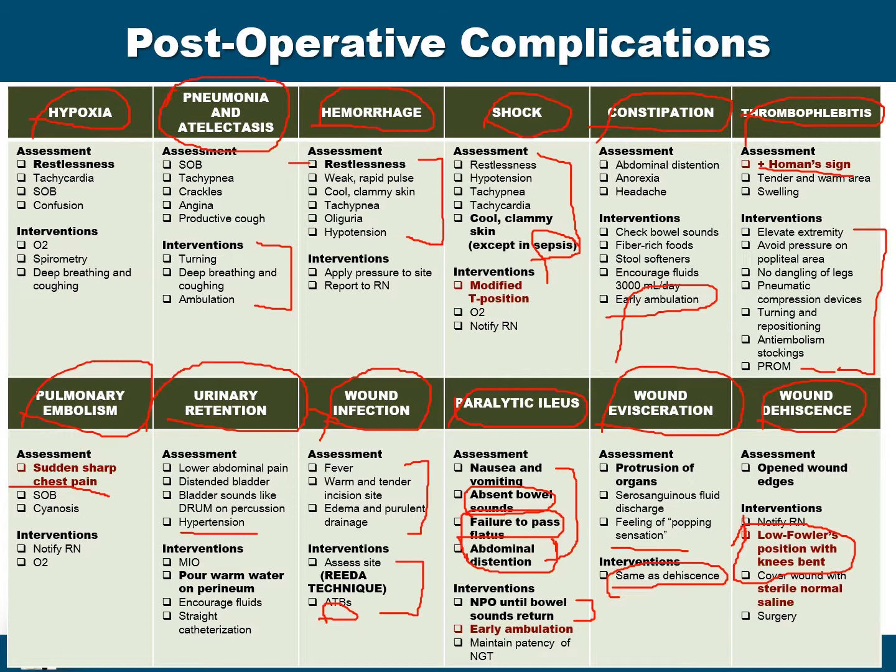And also, very important is to cover the wound with sterile normal saline to prevent infection. And that's the same intervention for wound evisceration. And of course, the intervention for these complications will be to perform surgery to correct the problem.